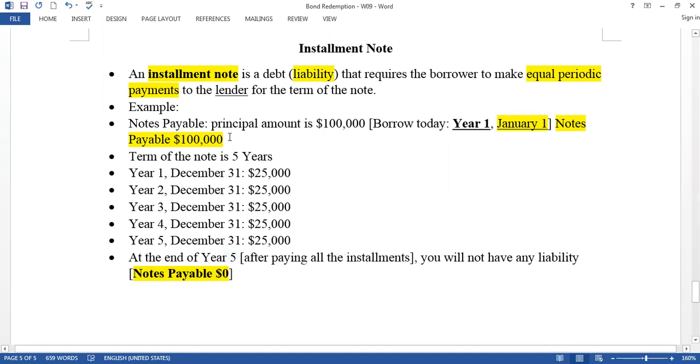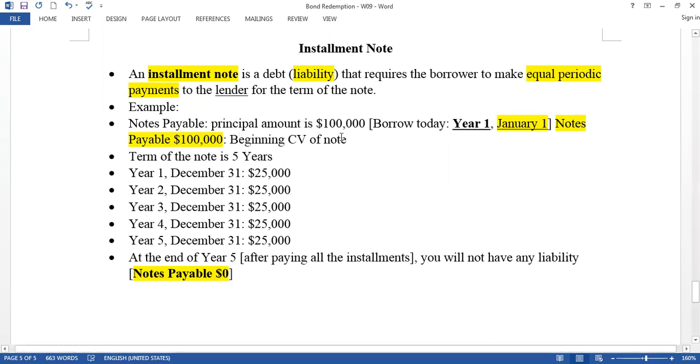So it means that this $100,000 is called the beginning carrying value of note.